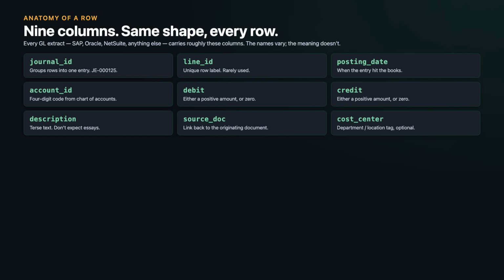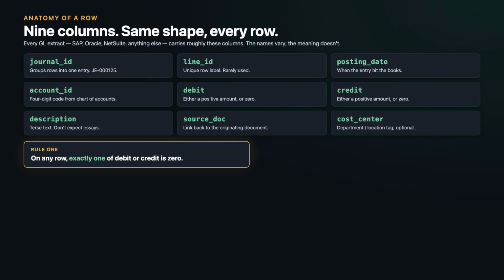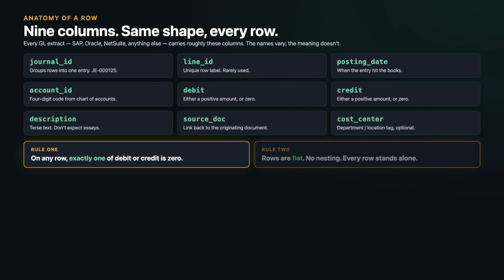First, on any single row, exactly one of debit or credit is 0. The amount goes on one side or the other, never both. Second, the rows are flat. No nested structure, no parent-child relationship. Every row is independent. That flatness is what makes the file simultaneously approachable and overwhelming.